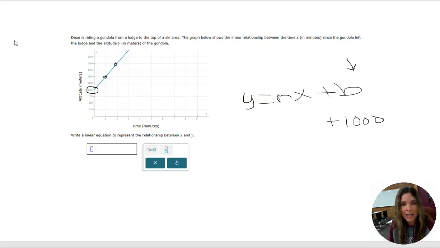So if we draw in our slope triangle here, that means we're going up 500 every 1 minute. That's our slope. So 500 meters increase in altitude per every minute, and now we have an equation.